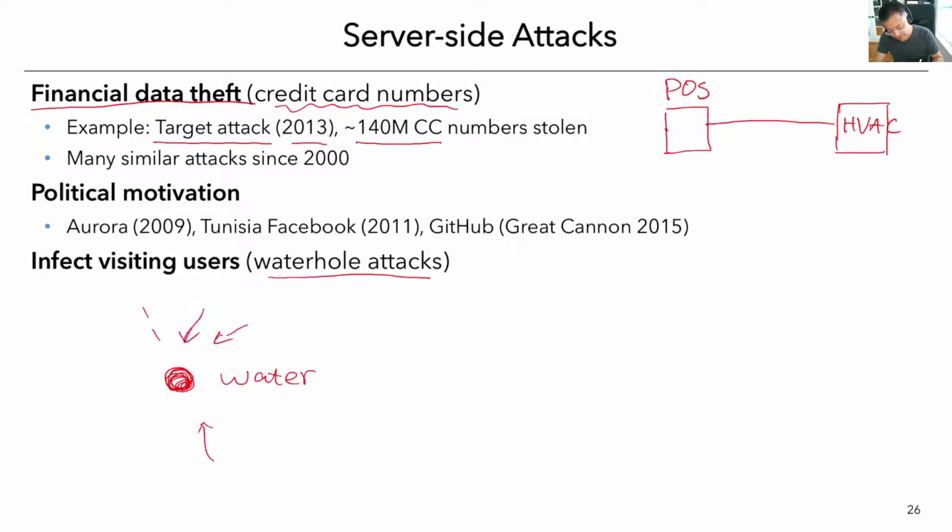If you are a predator, what you can do is just wait here for the animals to come to get water, right? This is why it's called a waterhole attack. So if you can compromise a website, and you know your target frequently visits this website, you can launch the attack by waiting on this compromised website.